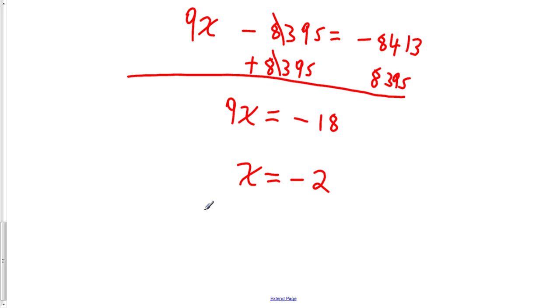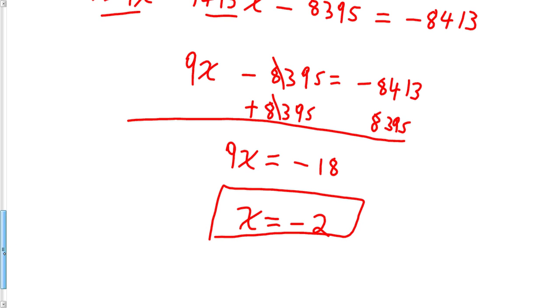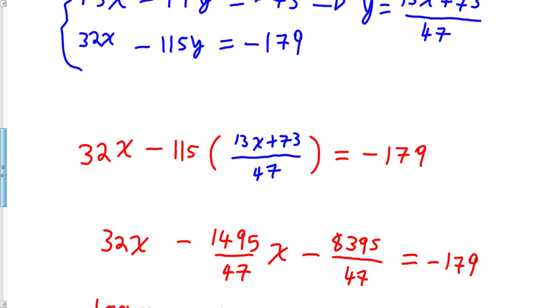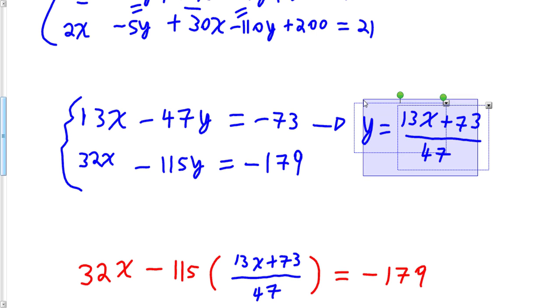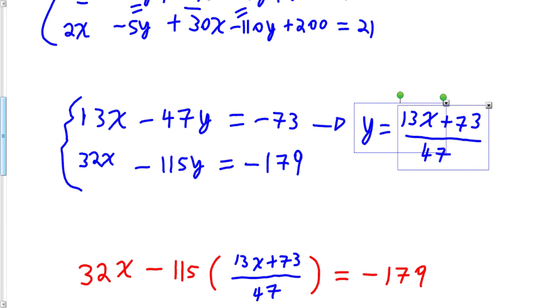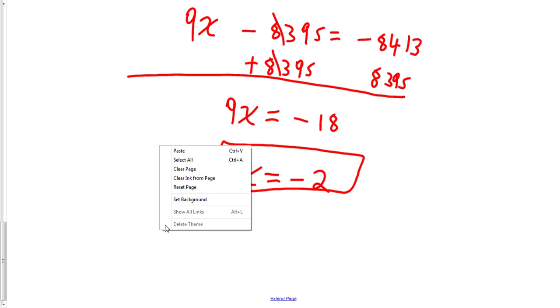So I have the value for x. X I know is equal to negative 2 at the point where these three lines cross each other. The y value, let's see. We can find y because I found up here that y was equal to 13x plus 73 over 47. So bringing this down, let's go ahead and use that value of x to find the value of y.